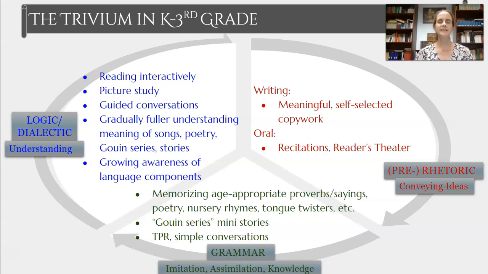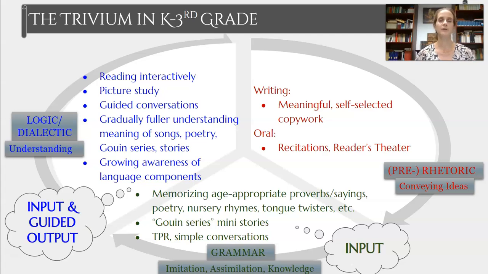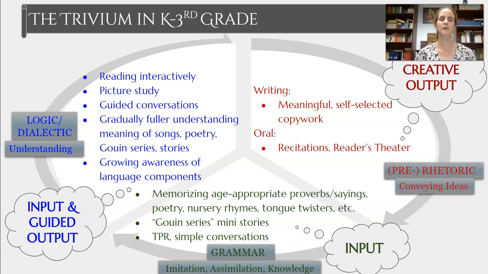But I think it is still beneficial for us to keep the entire trivium in mind in very general and basic terms. We can think of the art of grammar as being mostly about input, linguistic input. The art of dialectic as being about input along with guided output, and then the art of rhetoric or pre-rhetoric as the beginning of creative and expressive student output.